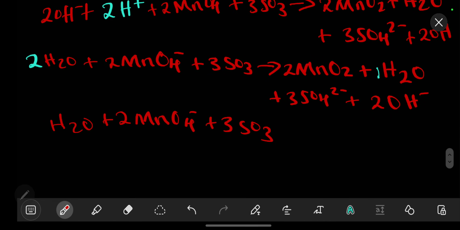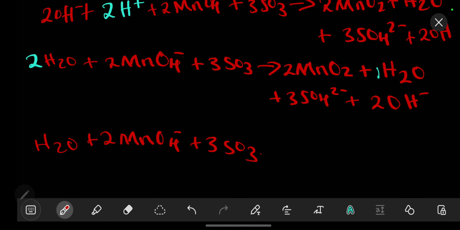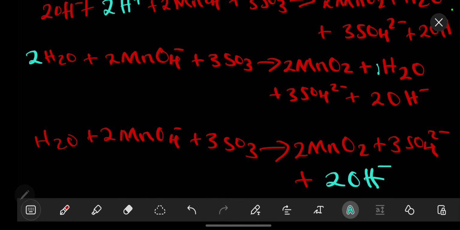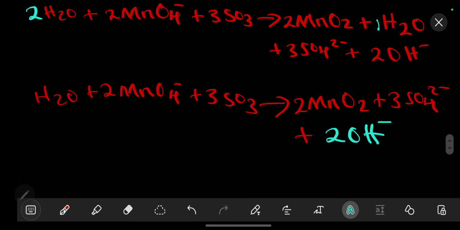Let me just move it a bit down to become our 2 MnO2. Then we have plus our H2O like that, or H2O has been used to subtract there. Then we have plus our 3 SO4, 2 negative. Then we have plus our 2 OH. So as long as we have the OH, it simply means this is balanced in basic media.